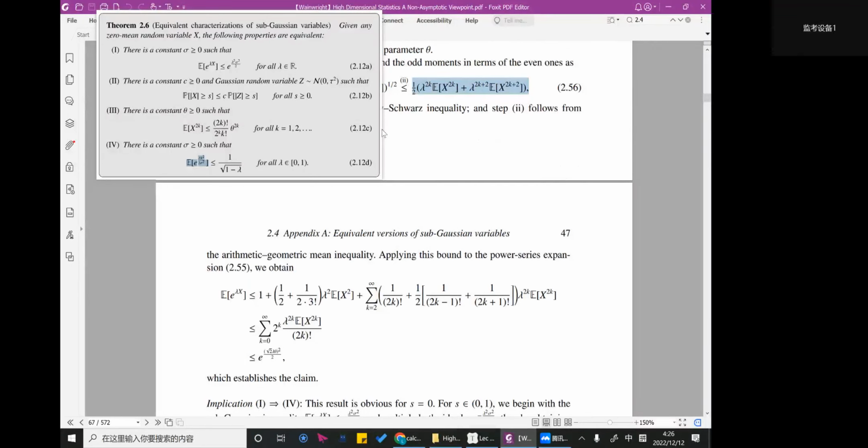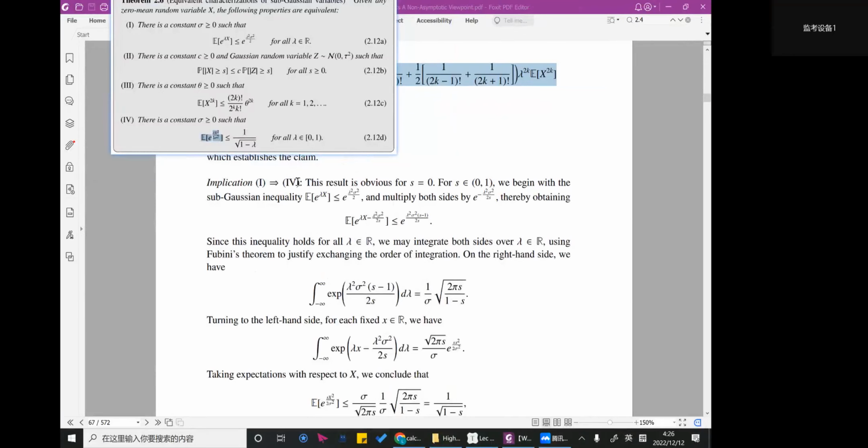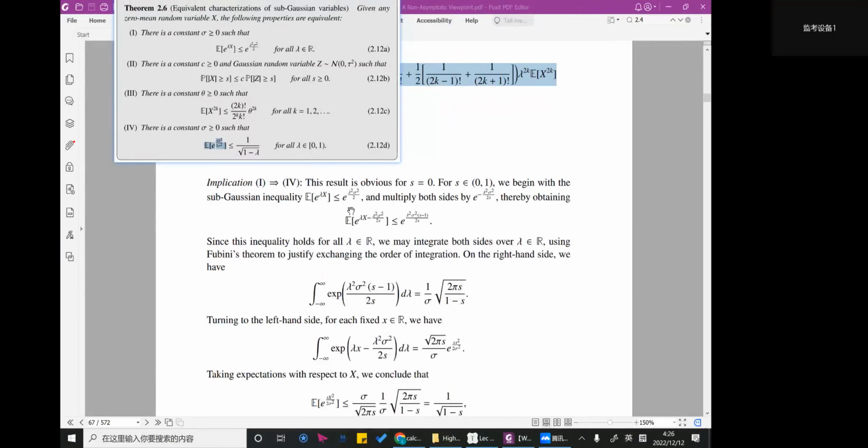And let's look at the equivalence of 1 and 4. From 1 to 4 is easy because this proof is intuitive. First of all, here the author used s. S means lambda here because the author wants to show different notations.